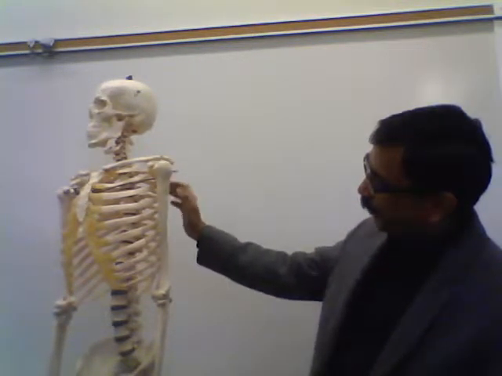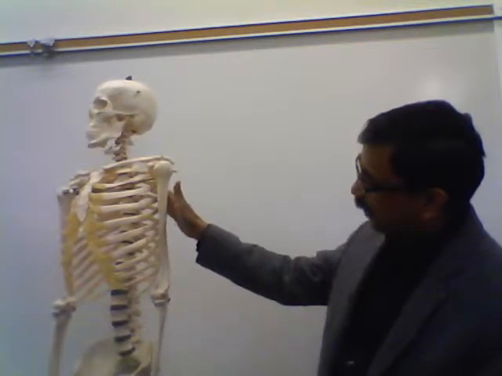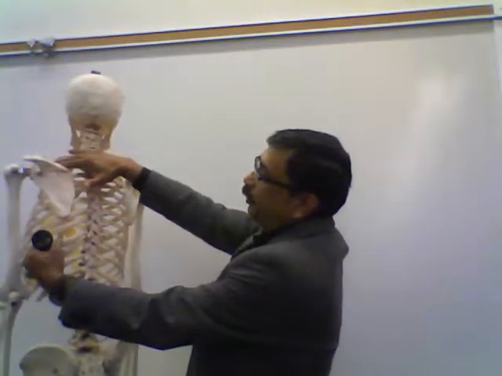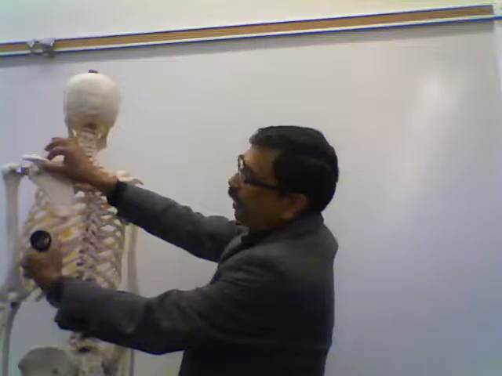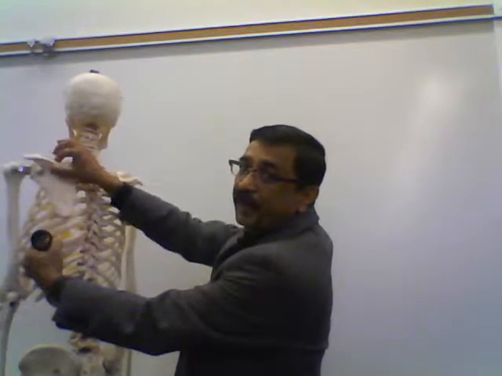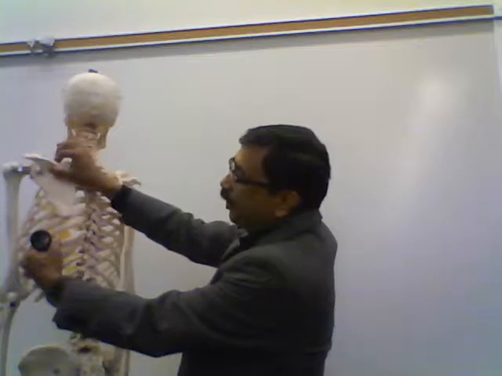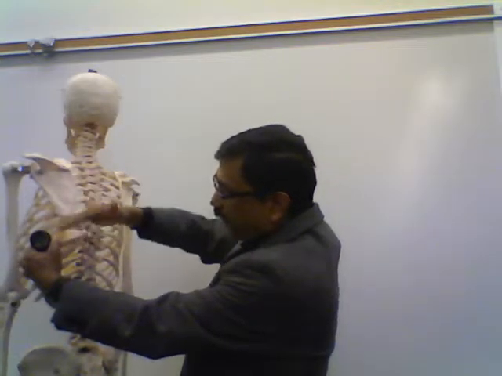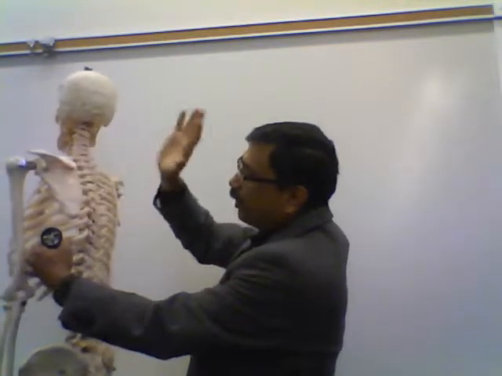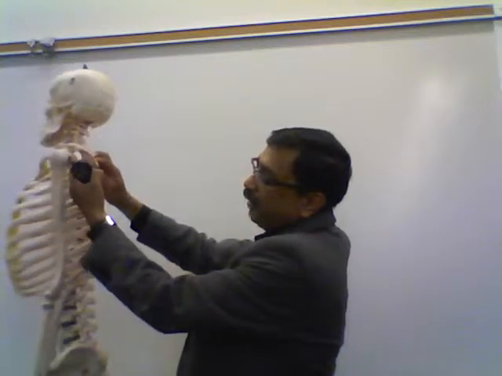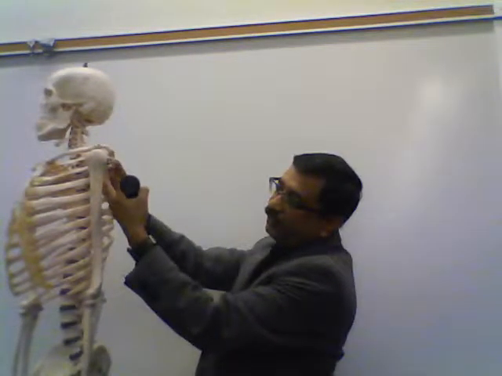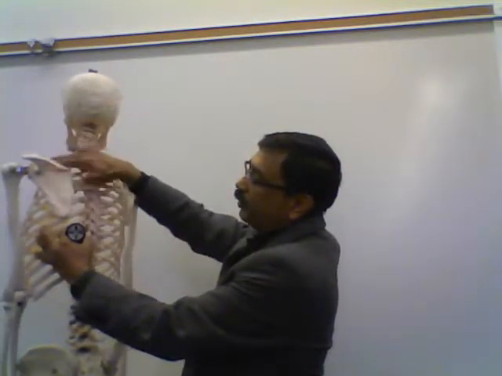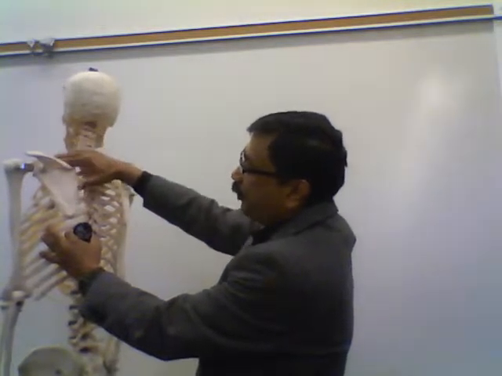So the entire front of the flat part is the subscapular fossa. And in the back, you have two other fossae separated by this structure, which is called the spine of the scapula. So very simple. Above the spine, supraspinous fossa; below the spine, infraspinous fossa. So three fossae in the flat part. The entire front or anterior surface is the subscapular fossa, and in the back you have two separated by the spine: supraspinous, infraspinous.